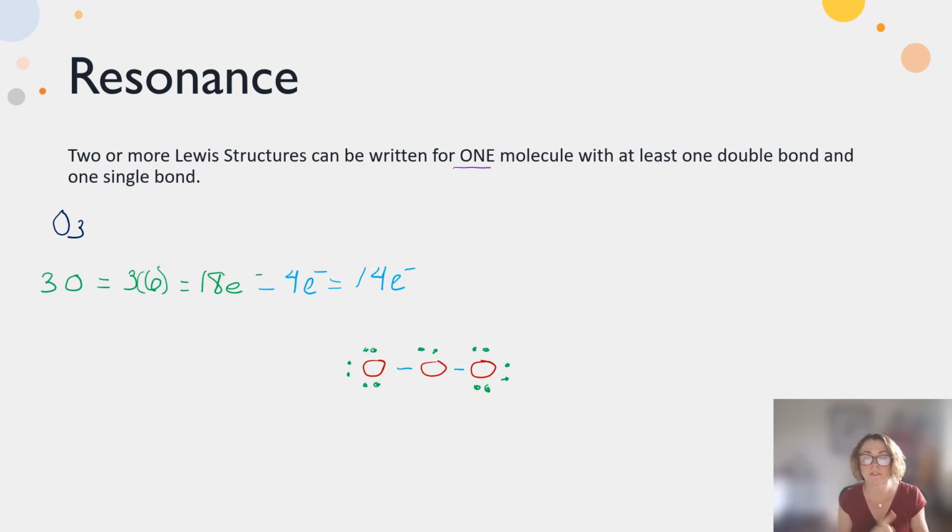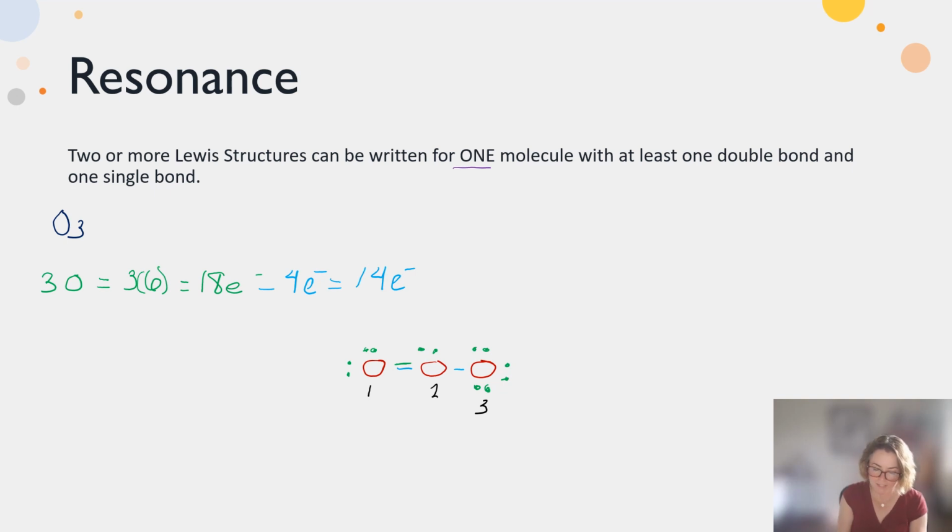So remember what we did with the carbon dioxide. I am going to take a pair of electrons and move them to make a double bond. Now, if I do that, oxygen number 1 here has a full octet. Oxygen number 2 also has a full octet. And oxygen number 3 also has a full octet. We're done.